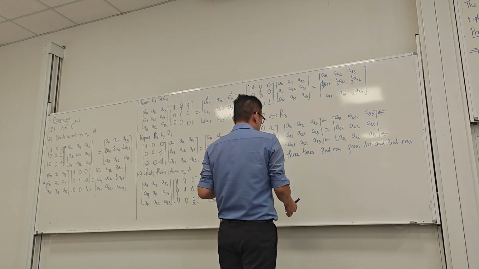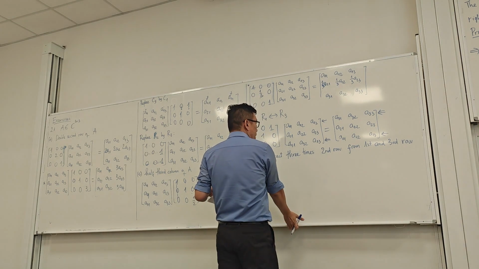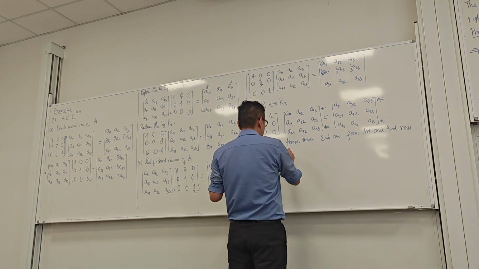Okay, it's about rows, right? So I suppose I multiply with some matrix on the left.